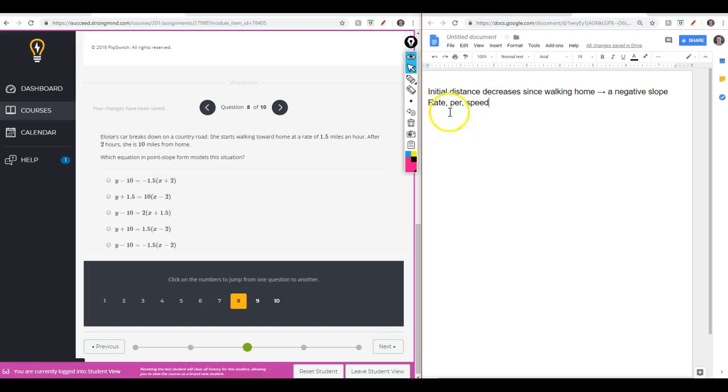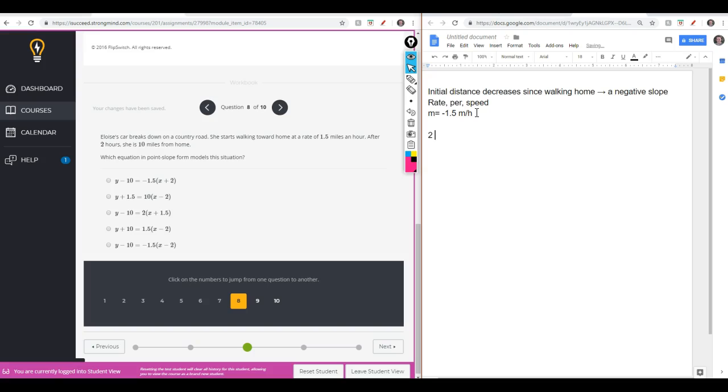And so I'm looking for a speed rate, and they state it right here, a rate of 1.5 miles an hour. So that means her slope, which is represented by m, is equal to 1.5 miles per hour. Now, since she's walking towards home, she's decreasing her miles away from home, so that's why it's going to be negative.